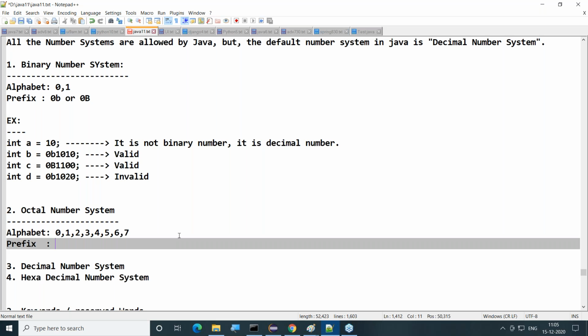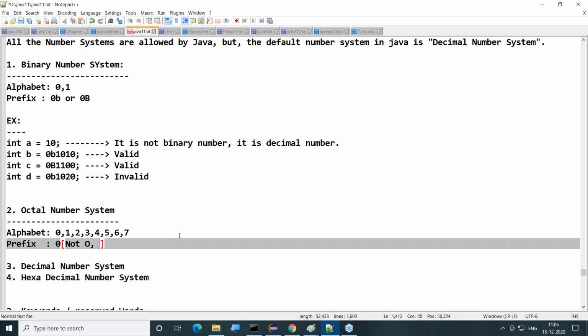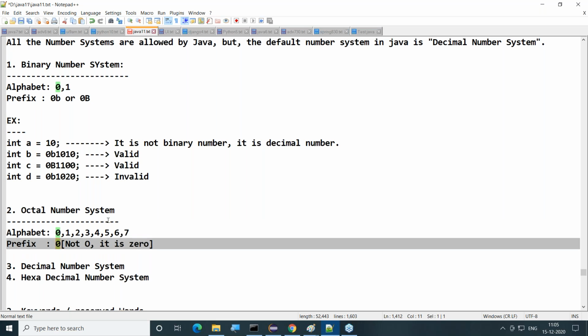Prefix value would be 0 only. Guys, observe this clearly, it's not 0o, it's 0 only. Don't misunderstand. Why? Because, sir, the octal number system should start with 0o? No, the prefix value would be 0, then only the number would be octal. So this is one point.